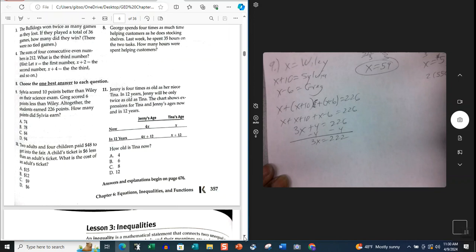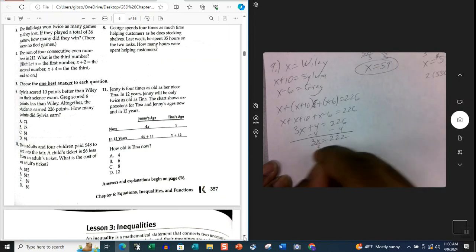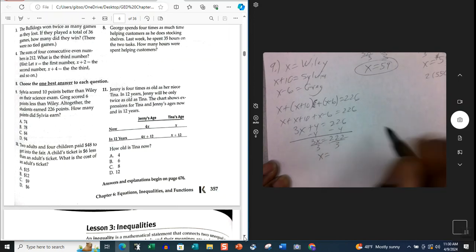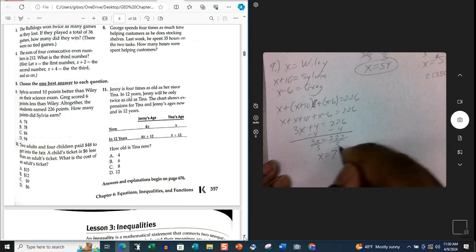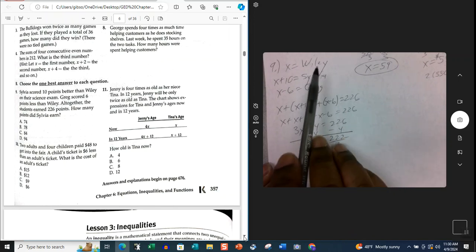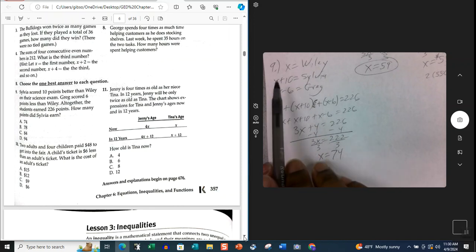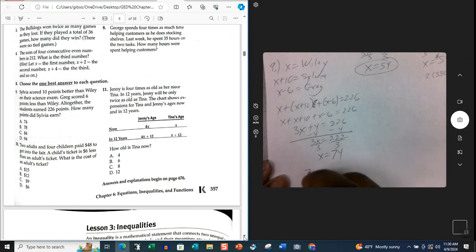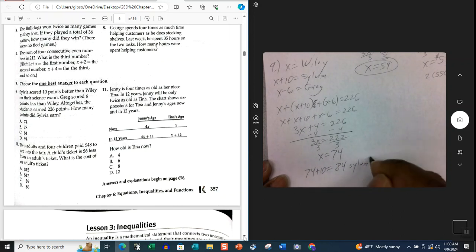Now, we're going to divide each side by 3. And x is equal to, what's that, 74. So now remember, x is Wiley's score, but they want us to do Sylvia's score. So we'll do 74 plus 10, and that's 84, which is Sylvia's score. So our answer here would be 84.